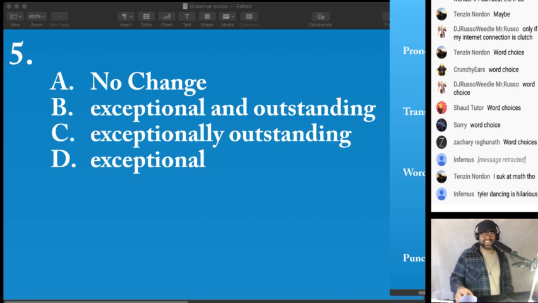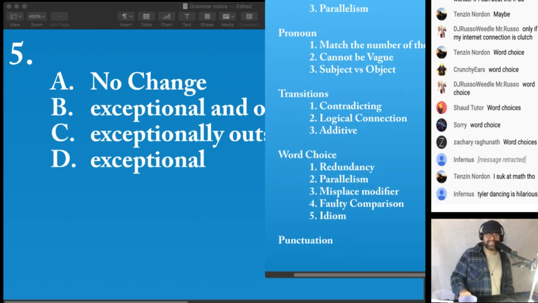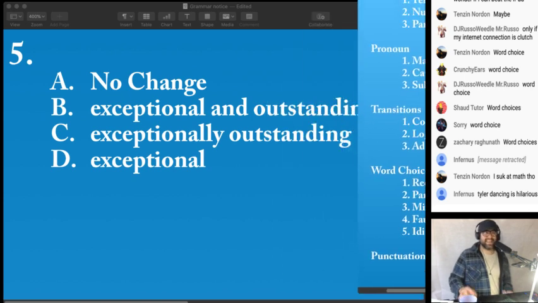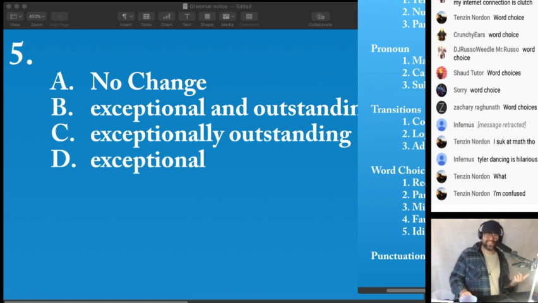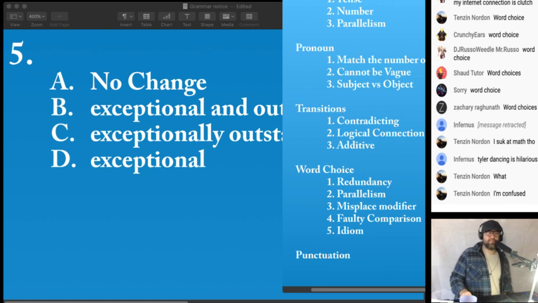So yeah, what do you guys think? Out of word choice, this is redundancy. I didn't see the answer, but this is redundancy. Exceptional and outstanding. Those words both mean the same thing. So why would you need the word exceptional and the word outstanding? You're saying the same thing twice. So under word choice, this would be a redundancy question.